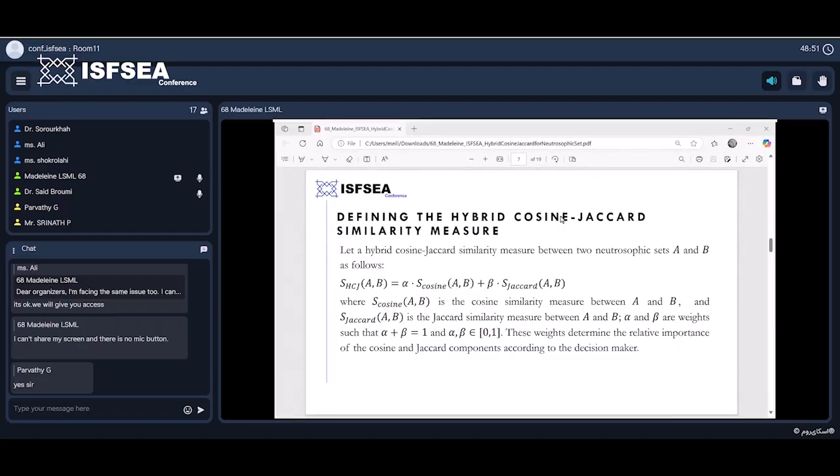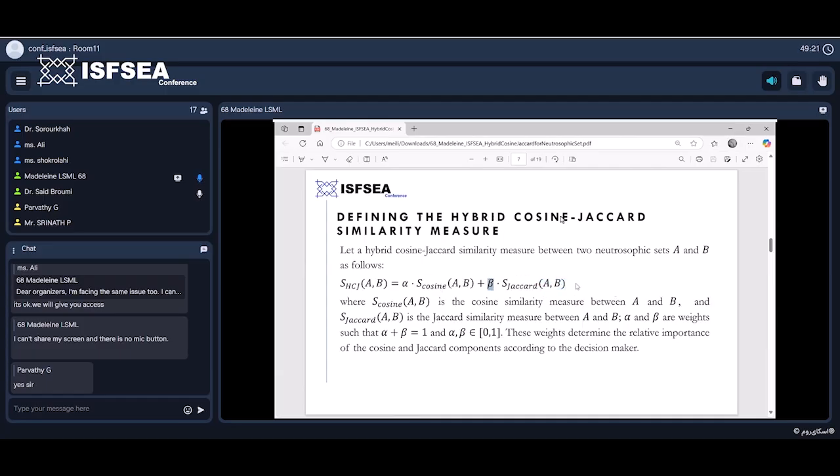All right. Okay. Sorry. So we are going to define the hybrid cosine-Jaccard similarity measure by having the two Neutrosophic sets A and B, and we are going to have the cosine and the Jaccard. We have the summation of it, and we are going to have the alpha, beta as our weight.